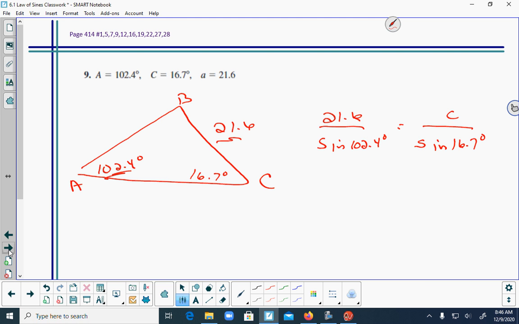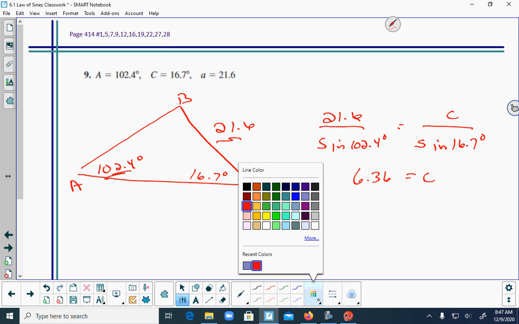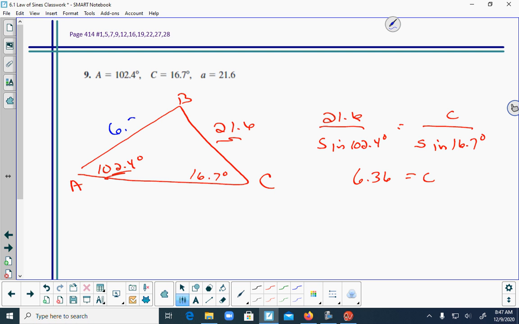When I put that in my calculator, I end up with C equaling 6.36, and that's a side. Now to find angle B, I take 180 minus 102.4 plus 16.7, and when I do all that, B ends up equaling 60.9 degrees.